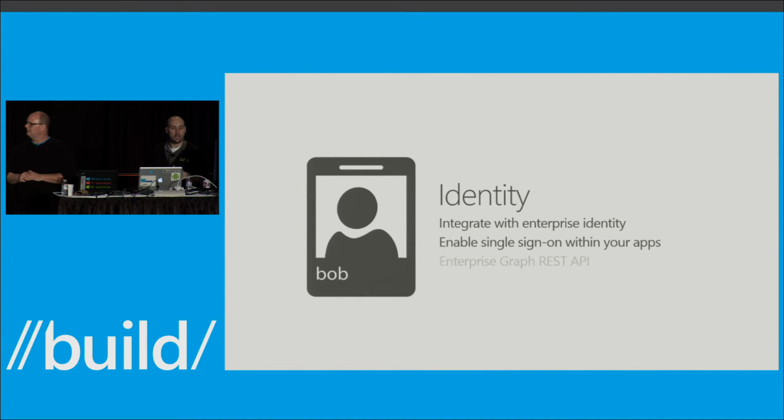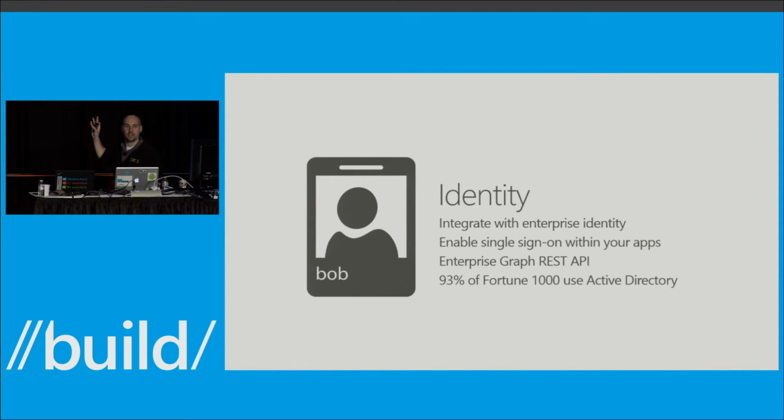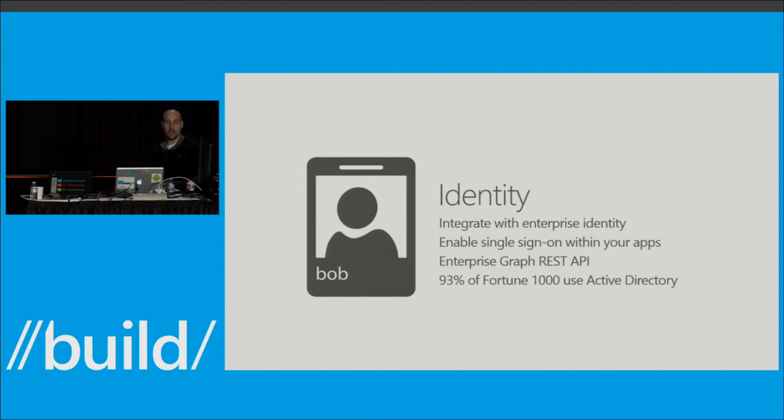Okay. So identity, how many people work somewhere that uses Active Directory? Yeah, I think that's pretty much most people. So Active Directory is really very popular, and what better way to secure your web assets than using Active Directory? Well, you can plug into Active Directory and Azure Active Directory using the Java SDK, and that means you can plug into your enterprise identity as well.